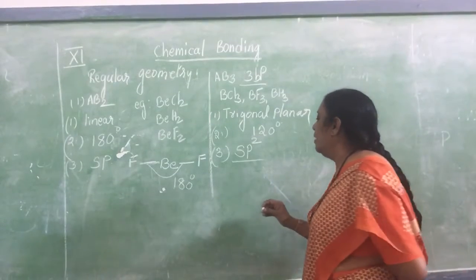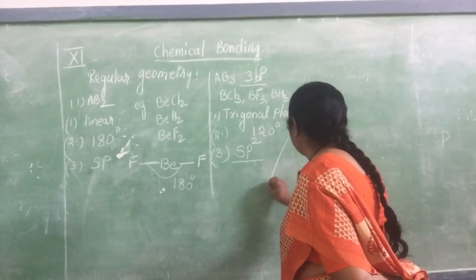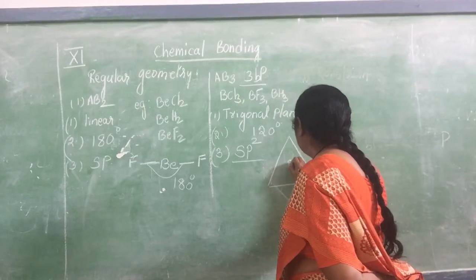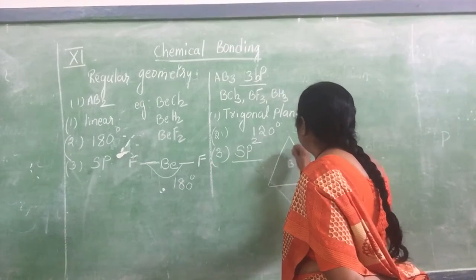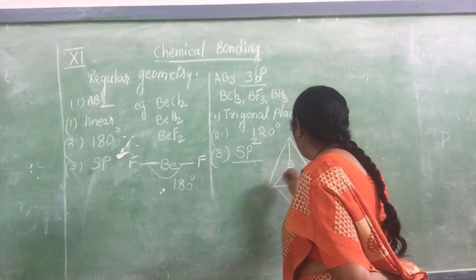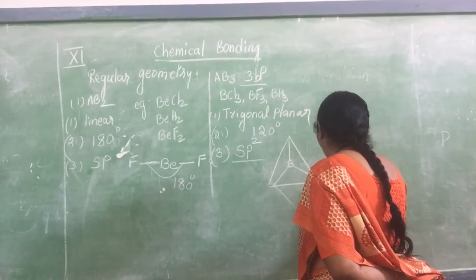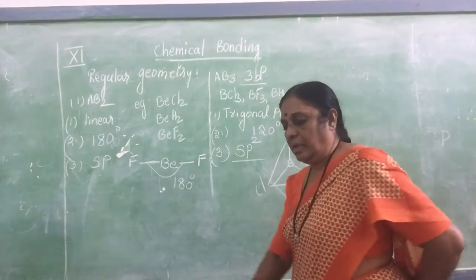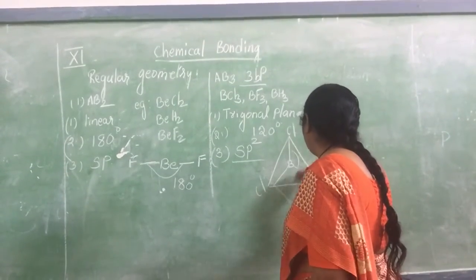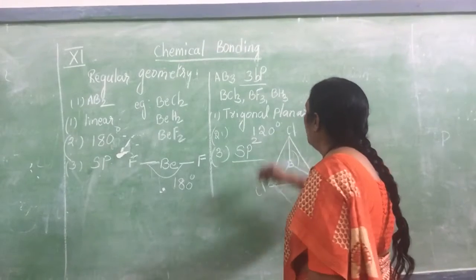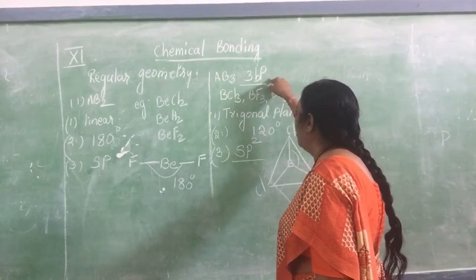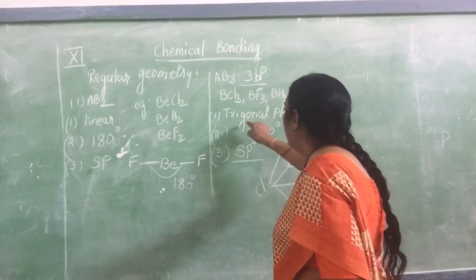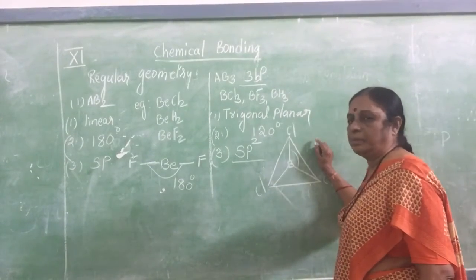Okay children, now the diagram. In the center, boron is there, surrounded by three chlorine atoms in a triangle. Bond angle 120 degrees. So AB3, 3 bond pairs, BCl3, BF3, BH3. Trigonal planar.